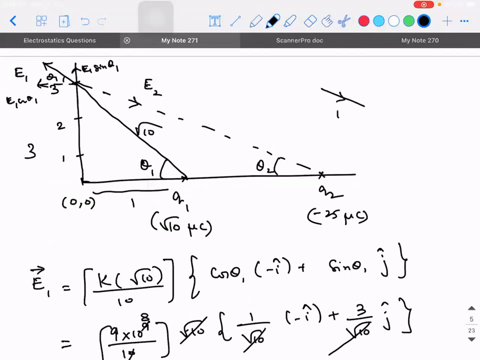So E2 is in this direction. This is theta 2. Then this will also be theta 2.